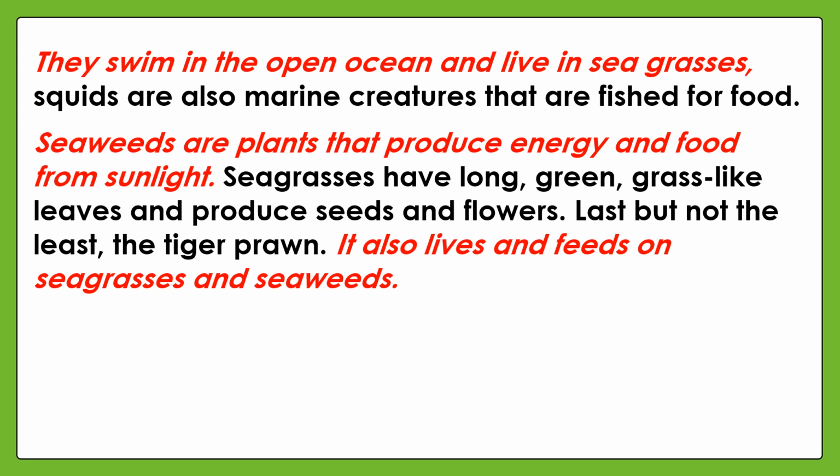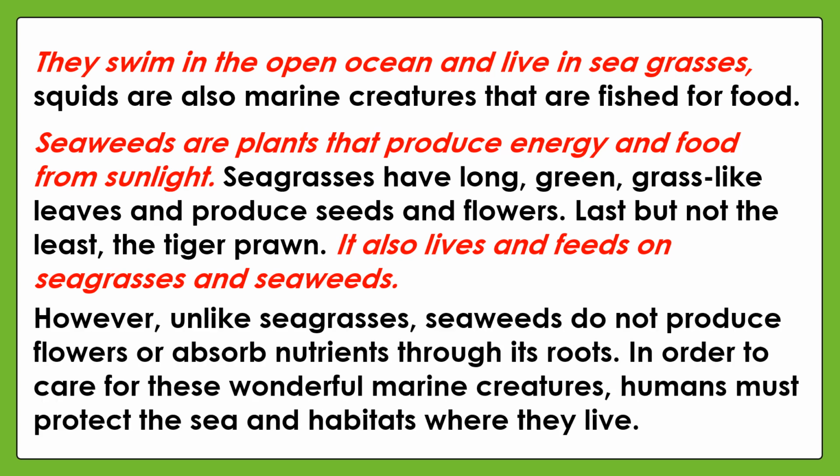It also lives and feeds on sea grasses and seaweeds. However, unlike sea grasses, seaweeds do not produce flowers or absorb nutrients through its roots. In order to care for these wonderful marine creatures, humans must protect the sea and habitats where they live.